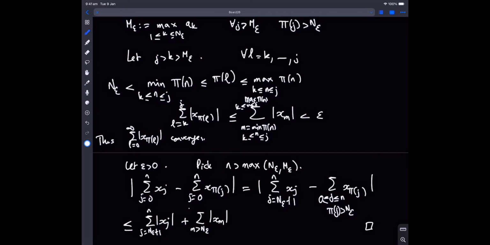They're going to go at most till the maximum of the π(j) when j is between 0 and n. And now the point is, I'm looking at the sum of some x_j's always for values of j's that are above N_epsilon, and so by the Cauchy property, this has to be smaller than 2 epsilon. And now this concludes the proof.